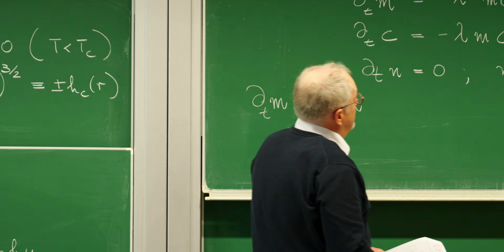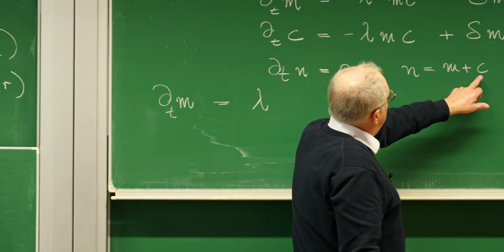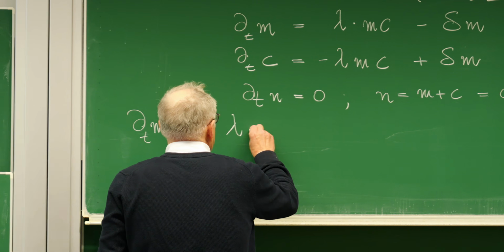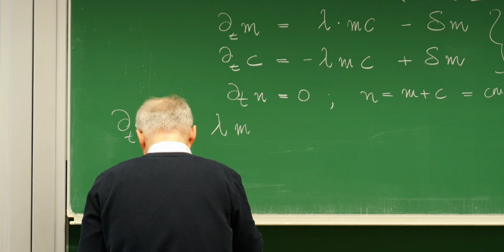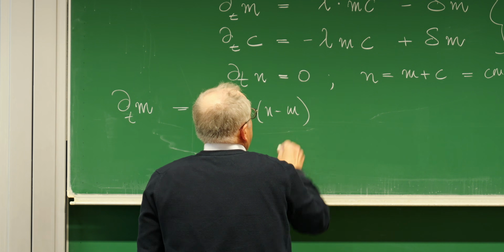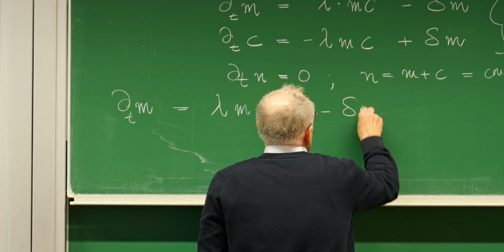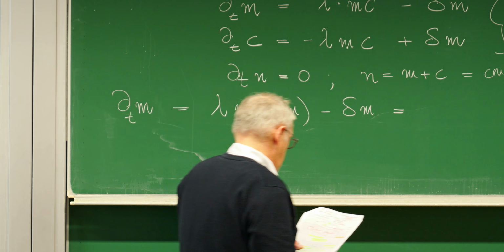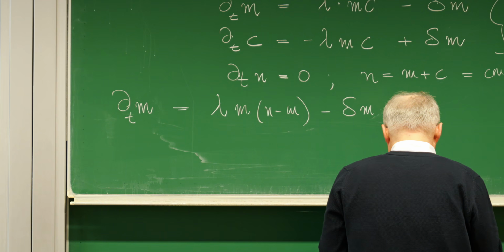And now I'm inserting here that c equals n minus m. So that means this is c times m times n minus m minus delta n. And now I'm rewriting it a bit.